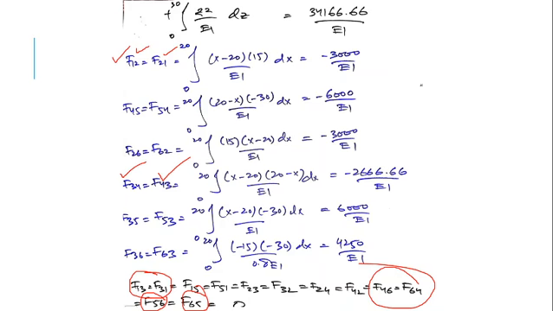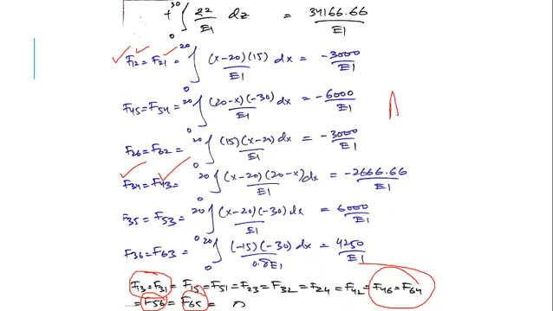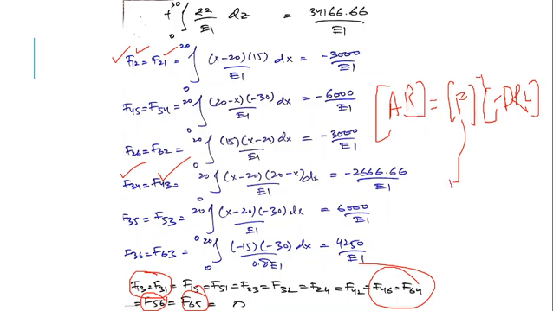And I want you to do an assignment, and that assignment would be very easy. The assignment can be submitted next week. How can you find the AR? First you have to multiply minus F inverse and DRL.